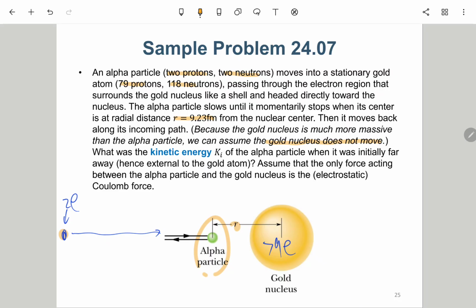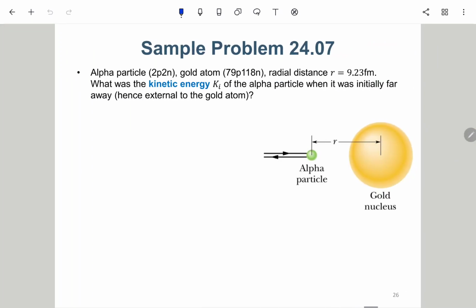So what is the kinetic energy Ki of the alpha particle when it is initially far away? Okay, we need to know Ki, Ui. At this point it is Kf, Uf. Okay, so the kinetic energy for K and then the potential energy for U. Assume the only force acting between the alpha particle and gold nucleus is the Coulomb's force.